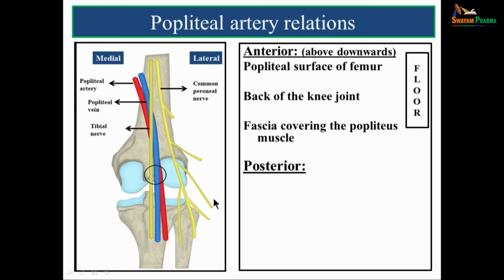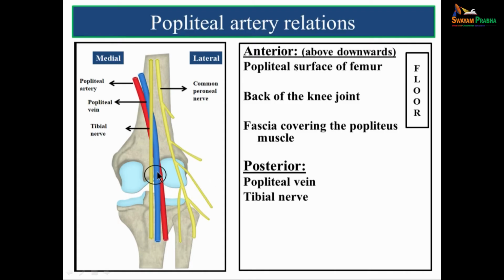So these three structures are related anteriorly, above downwards. If you remember, all these structures are the floor structures of the popliteal fossa. So if you know the floor, then you can easily discuss the anterior relations of the popliteal artery.